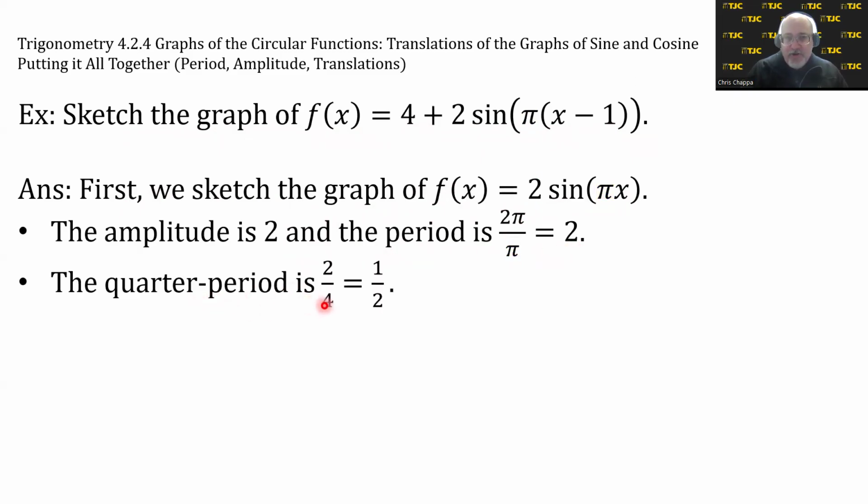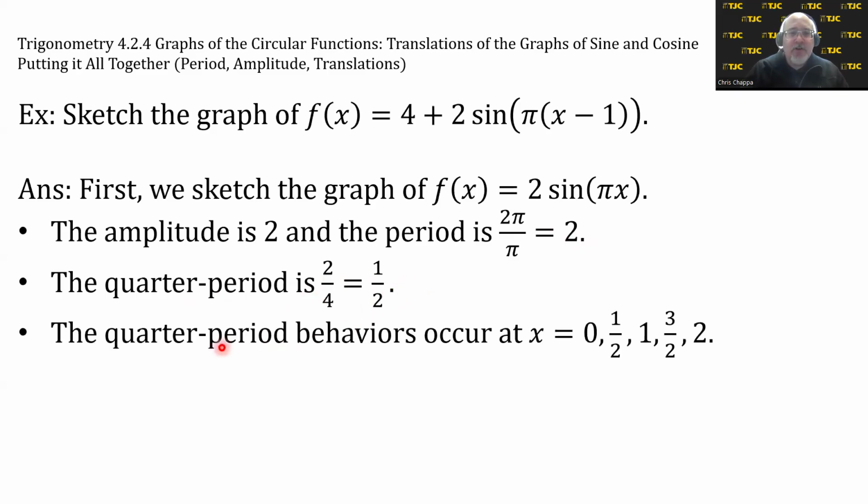The quarter period is the period 2 divided by 4, which reduces to 1/2. So the quarter period behavior occurs at x = 0, and then go up by halves: 1/2, 1, 3/2, 2. Remember, in the untranslated graph, before it moves, it always starts at x = 0.